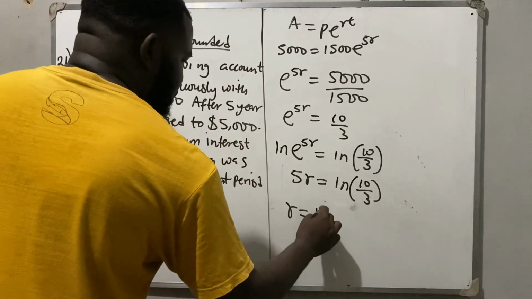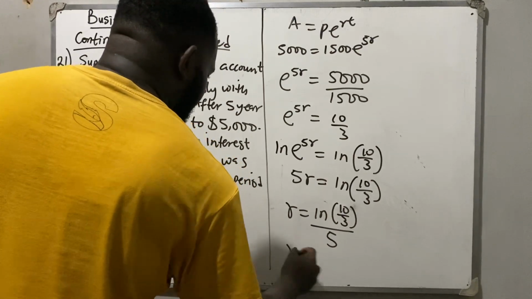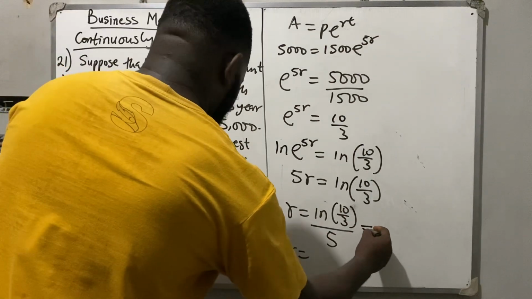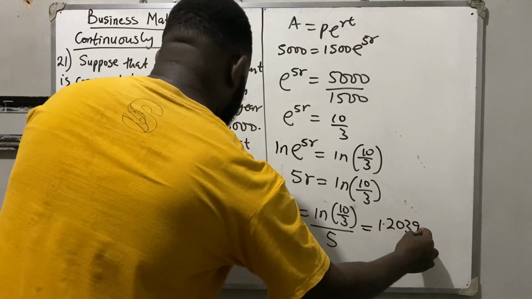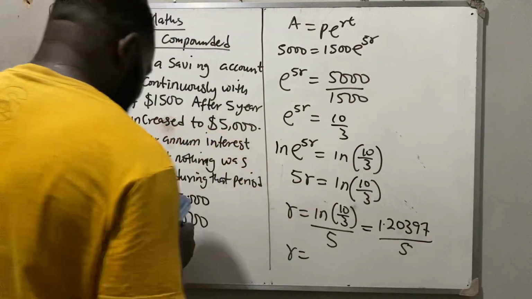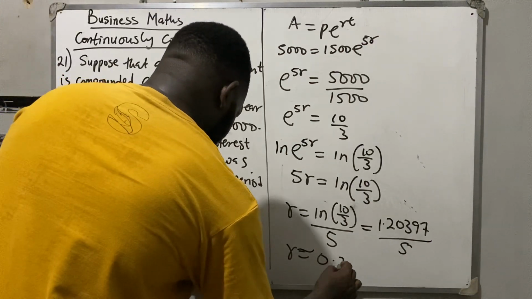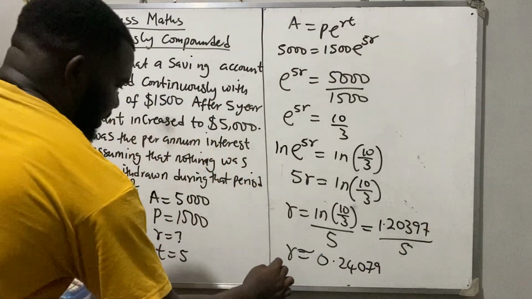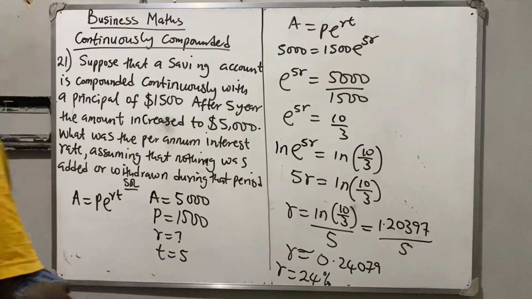So my r will be ln 10 over 3, divided by 5, which is equal to 1.20397 all over 5. If you get the approximate, divided by 5, this is 0.24079. If you put it in percent, the rate will be multiplied by 100 to have 24%. As simple as that.